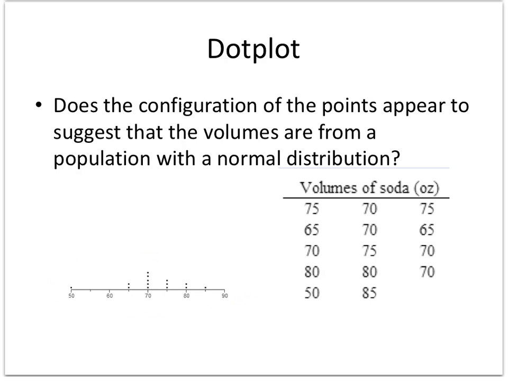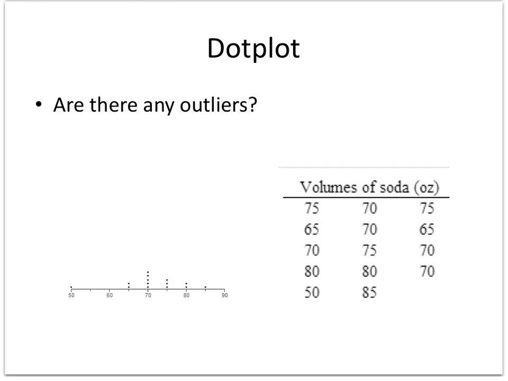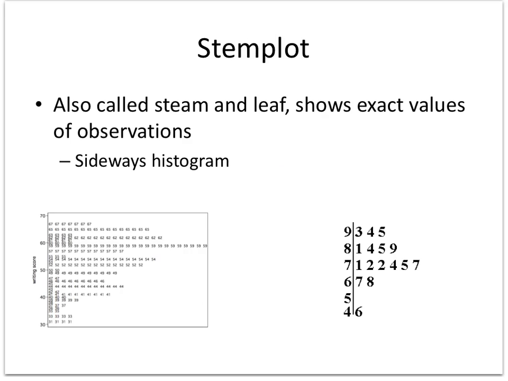Well, if you just took the data points and kind of drew a line that represents their heights, it does look pretty much bell-shaped. Are there any outliers? I definitely see an outlier: this 50 is pretty far away from the rest of the data. So I would consider that.